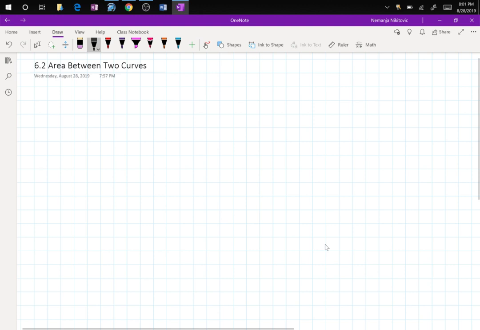So if I have, let's say, the function f of x equals square root of 3x, and I want to look at the area under the curve from 1 to 2.